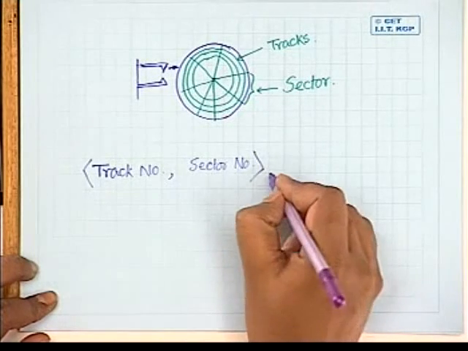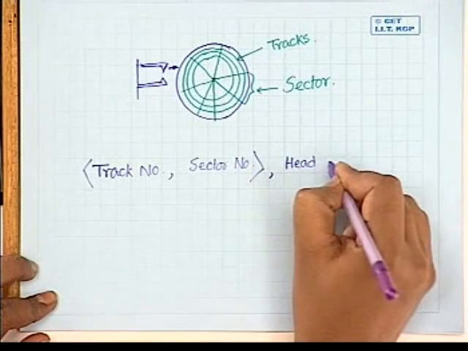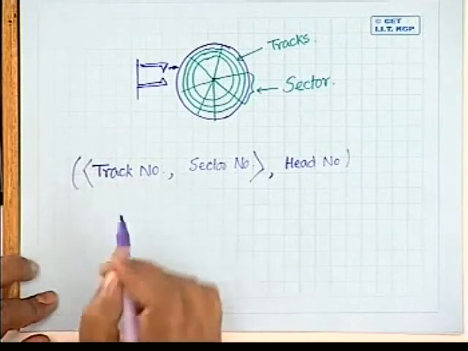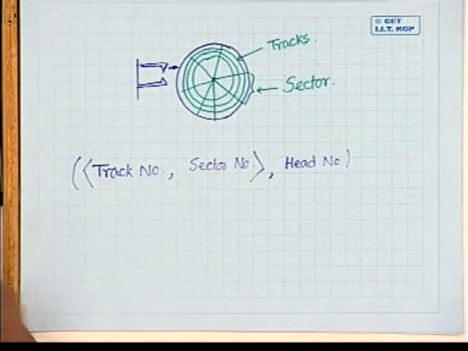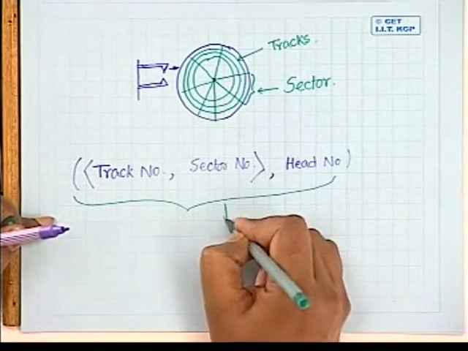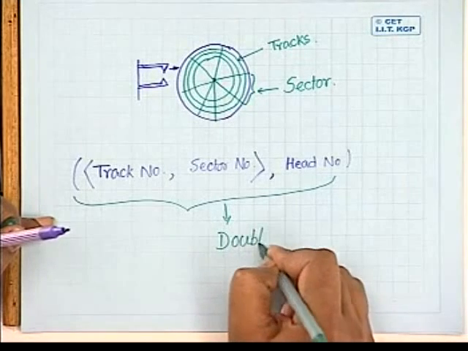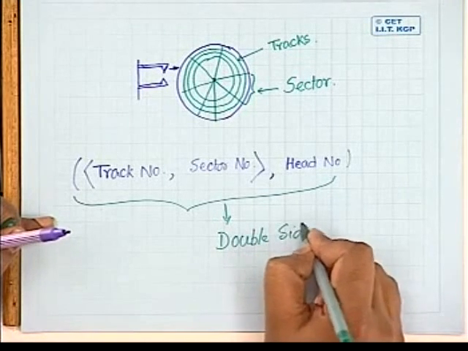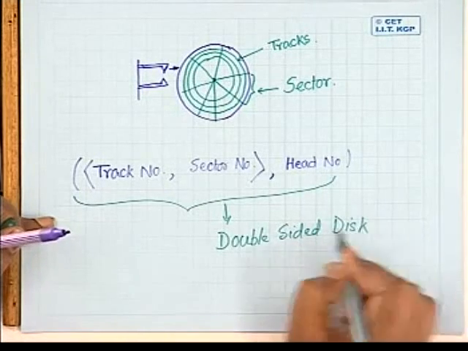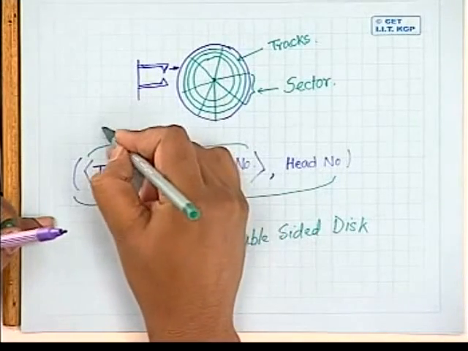So along with this, I also have to have head number for a double-sided disk. So this entire address in the form of a triplet is valid for a double-sided disk, whereas for a single-sided disk, only track number and sector number is sufficient.